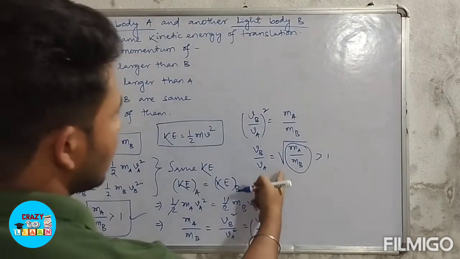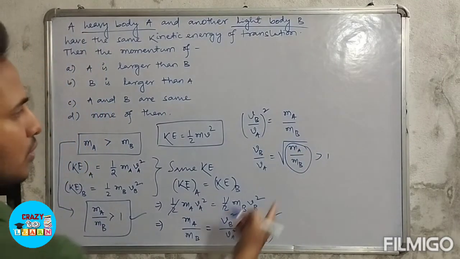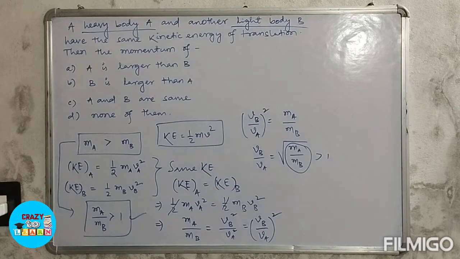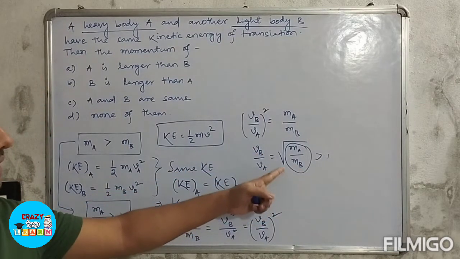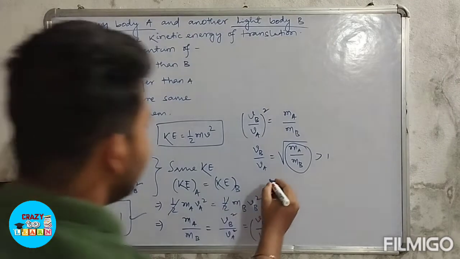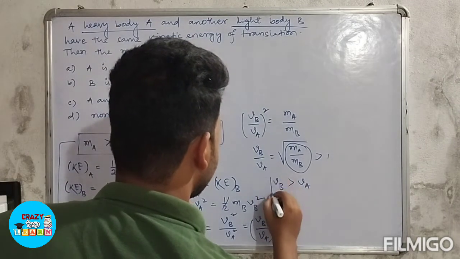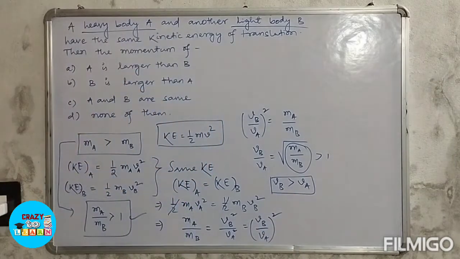So confirm, VB by VA is greater than square root of 1. As MA by MB is greater than 1, we can write VB is greater than VA. Yes or no?